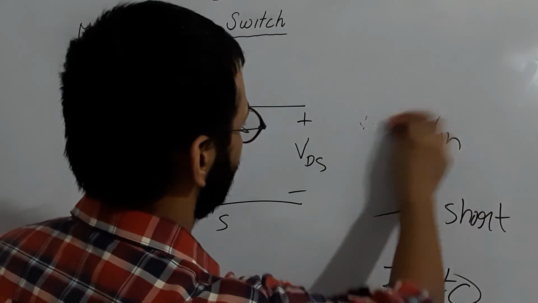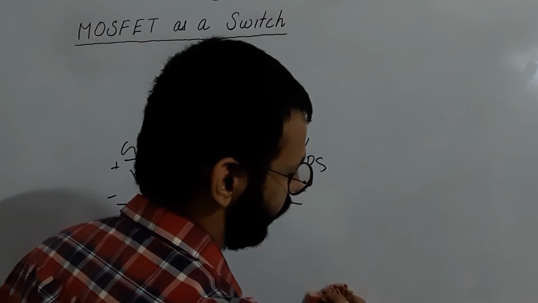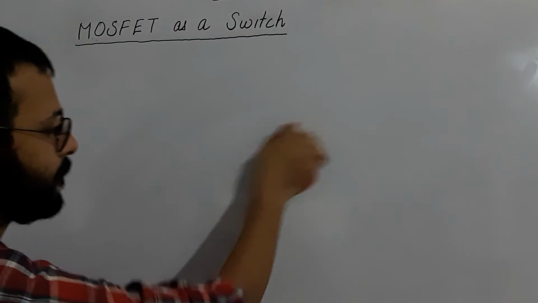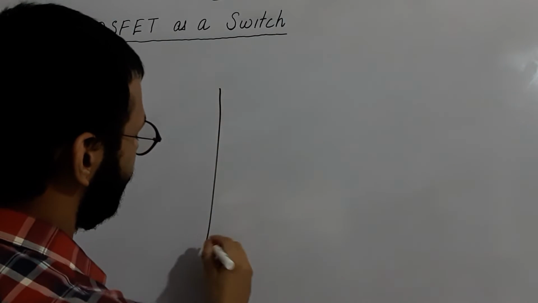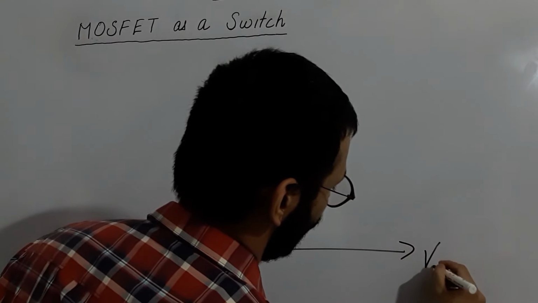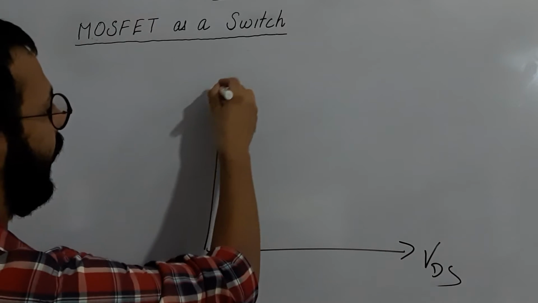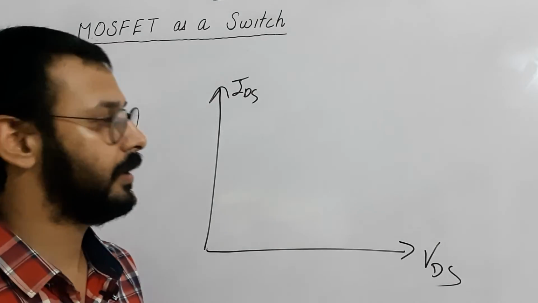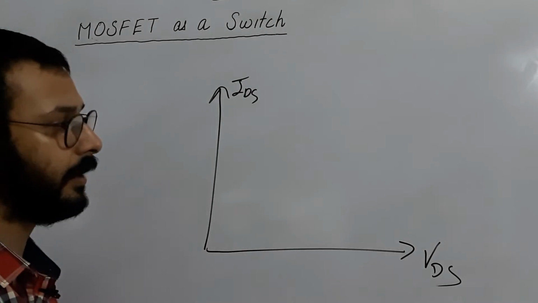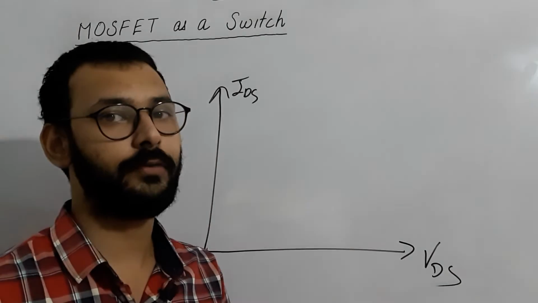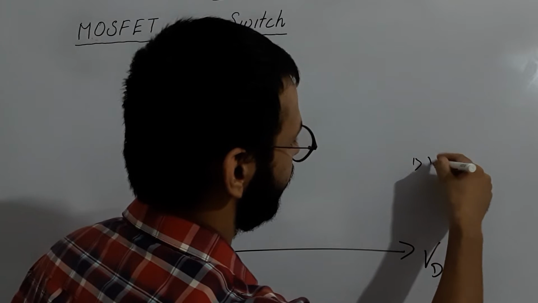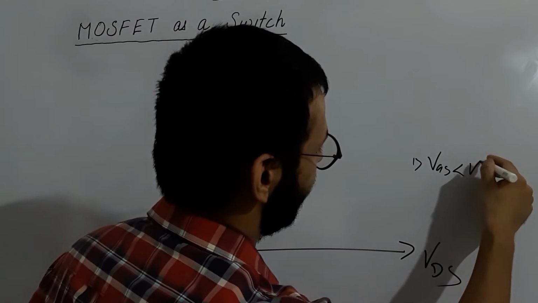Let's remove all the things I have written. I am plotting a graph between VDS and IDS, which is a function of gate voltage, because we have used two conditions. The first one, VGS is less than VTH.